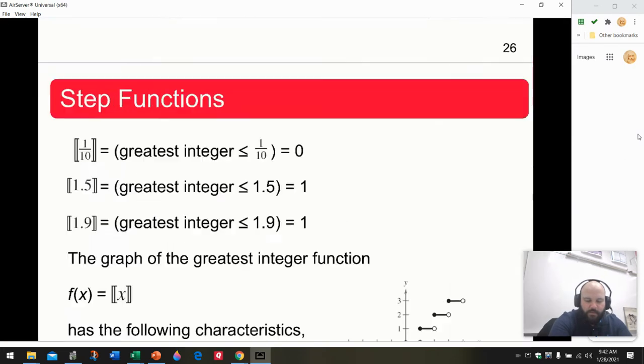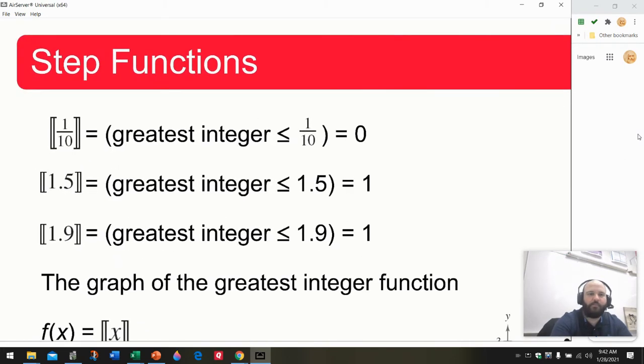So I'm going to skip the first two there and just look at this. So if I put the number 1/10 in there, 1/10 does not have a whole part to it. It is only a fraction. So it rounds it down. And the easiest way to think about it is this function always rounds numbers down. So 1/10 would be rounded down to 0.